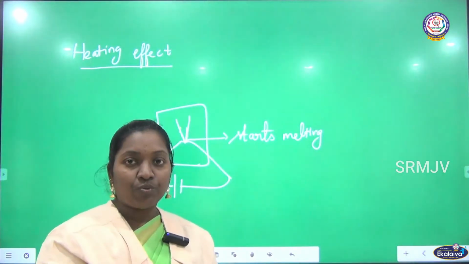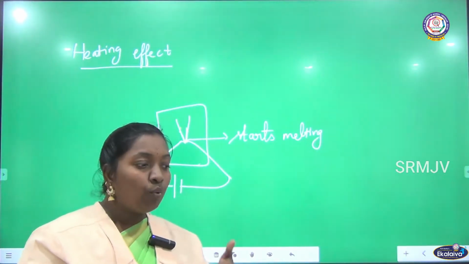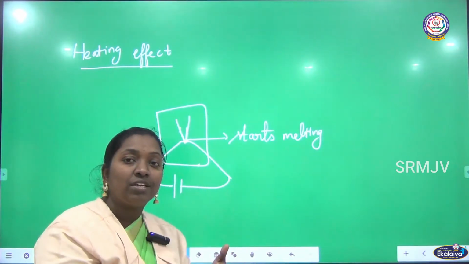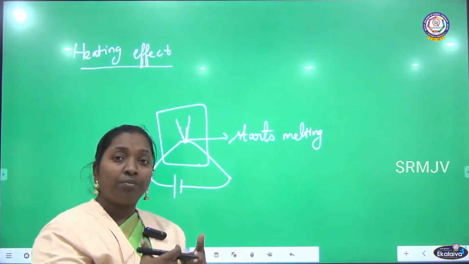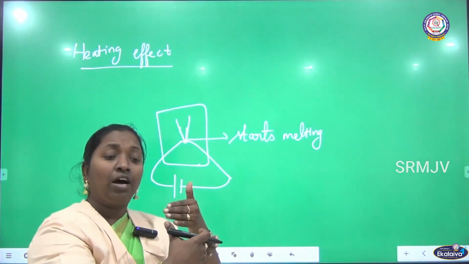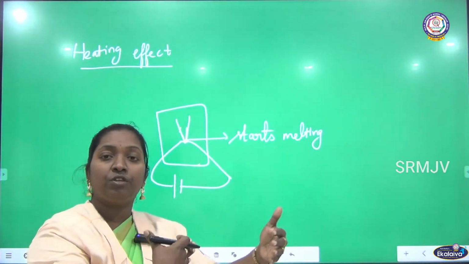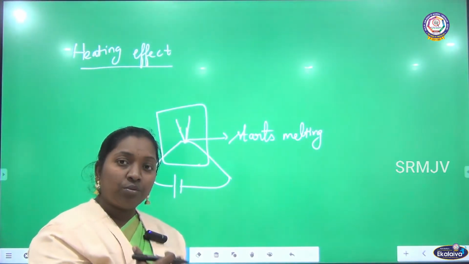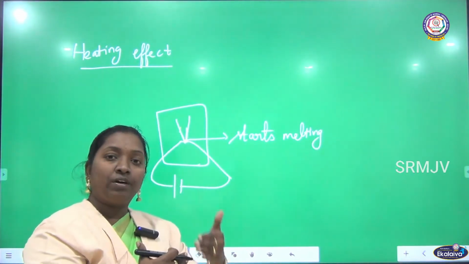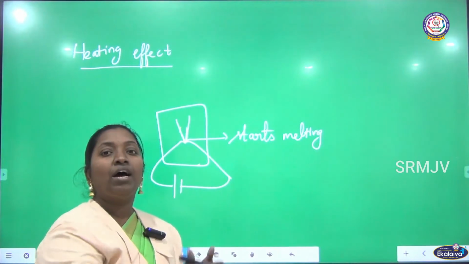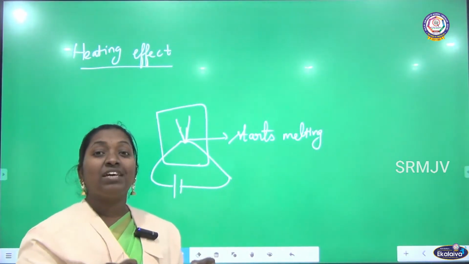Only when electrons move can we produce current. While electrons are moving, what happens? They offer some resistance. The electron has to move against the resistance, so work is done. Due to that electron moving, it produces heat.